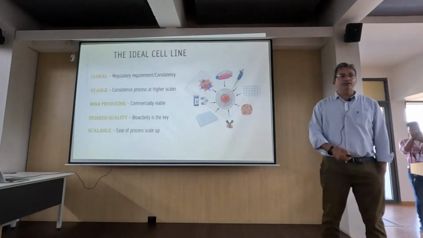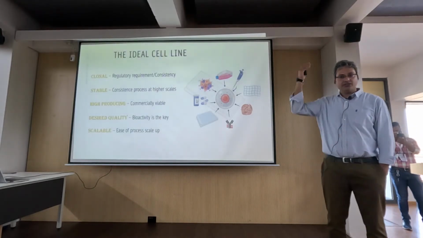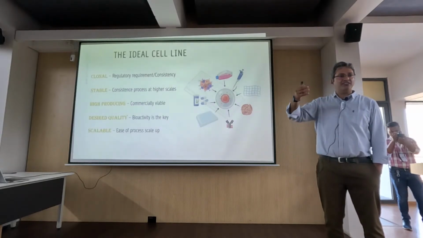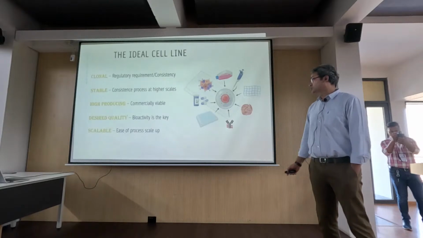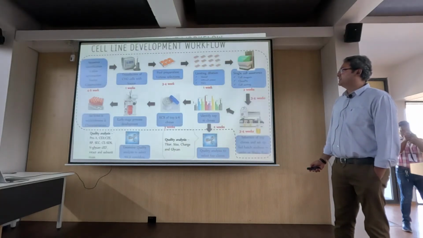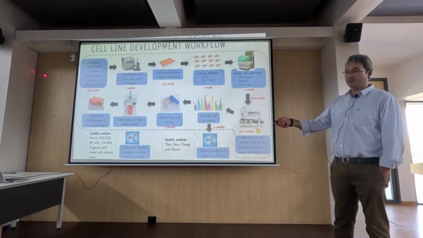As we said, the scales that we use to produce a commercial product are not 1 or 5 liters; they go into thousands of liters. So it has to be developed in a way that the process is scalable to higher levels also. And this is just an overview of cell line development. How does it work? It starts with sequence identification, codon optimization, and vector construction.